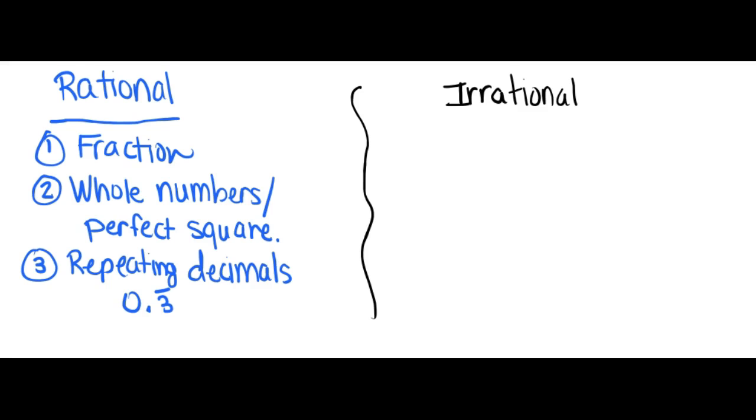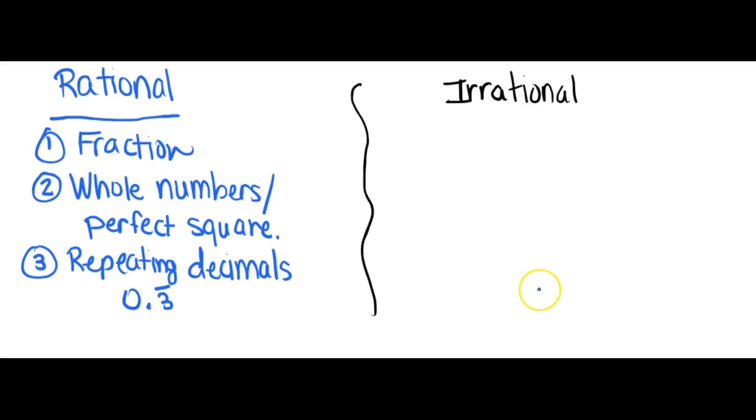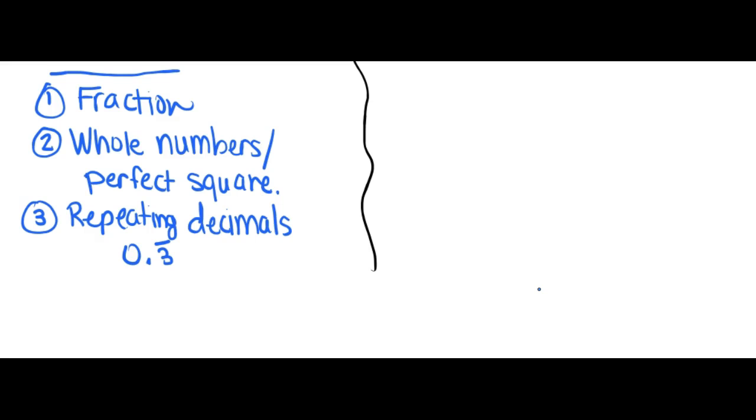Let's see what else. It can be a repeating decimal, okay? Then it can also be, so we're not going to call this 3, 4, let's call this 3b or something, they can be non-ending. Because remember, repeating decimals can go on forever and ever.